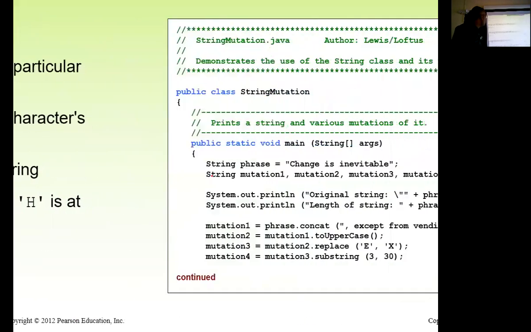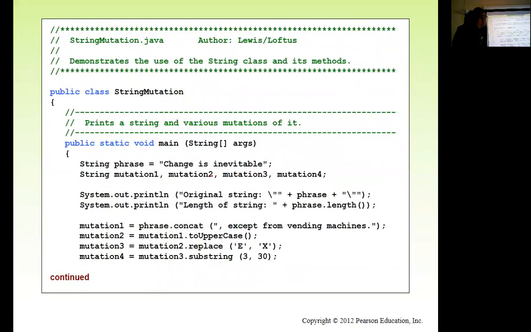And there's a string notation set of code here that demonstrates something that can be done with strings. For example, we realize that here we create a string phrase. Now we assign "Change is inevitable" to that. And then we create some object references, mutation1, 2, 3, and 4.